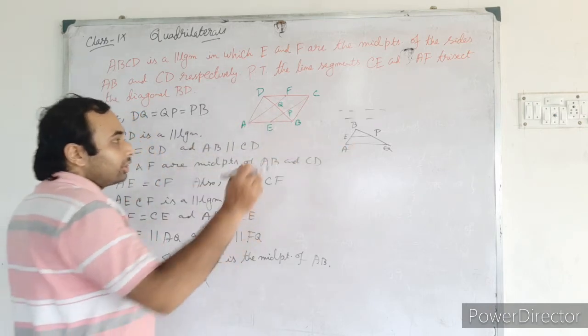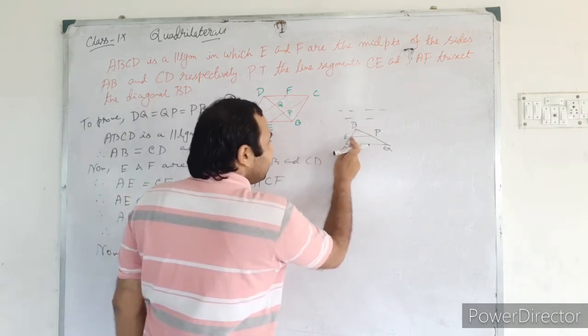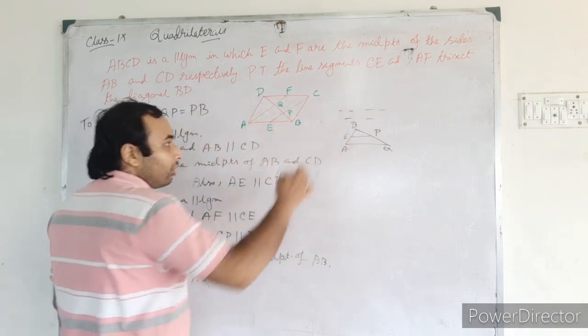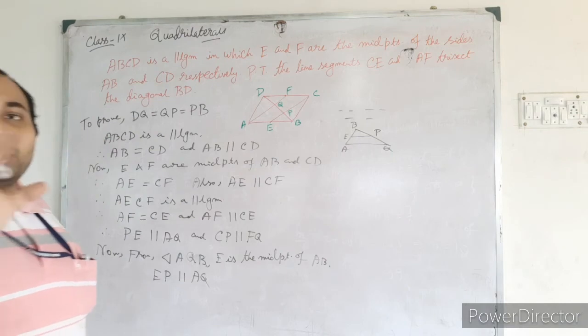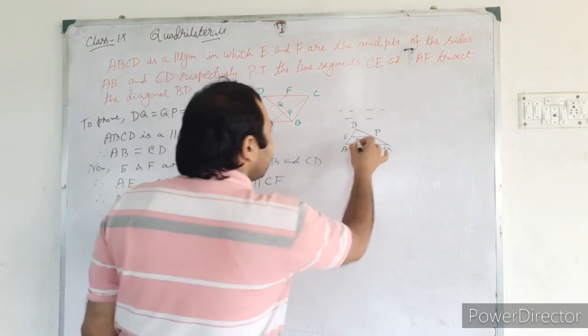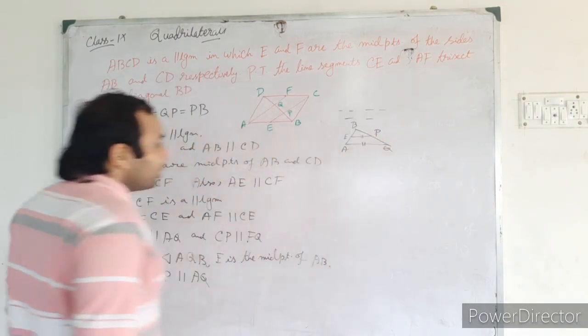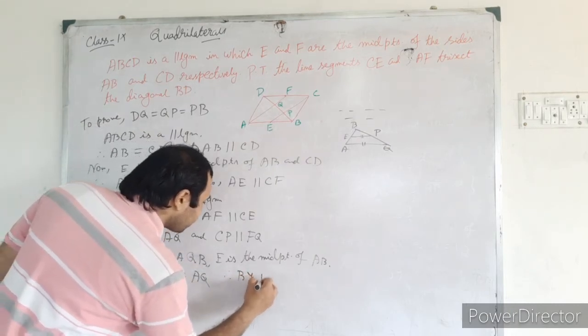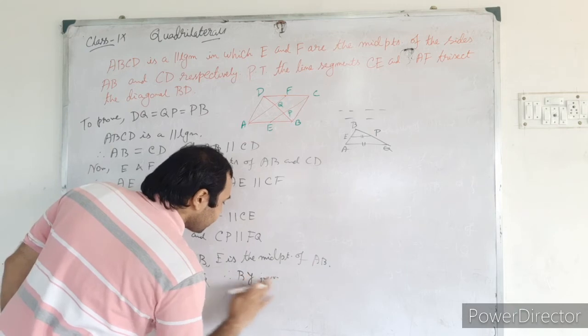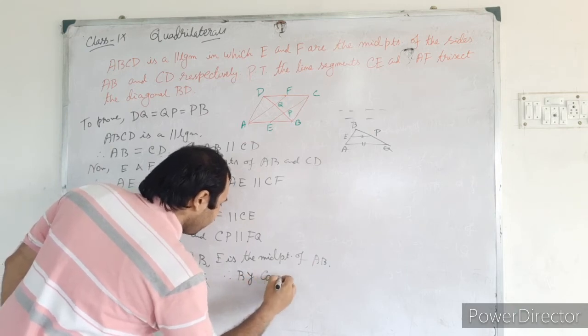So from here, students, just see what we have got. E is the midpoint there, also EP is parallel to AQ. So by the converse of the midpoint theorem, we can definitely say this is parallel to this one.